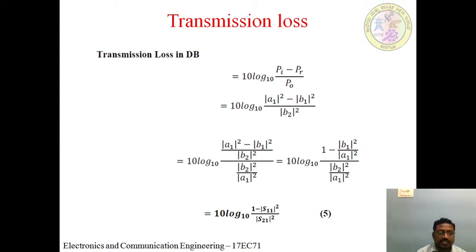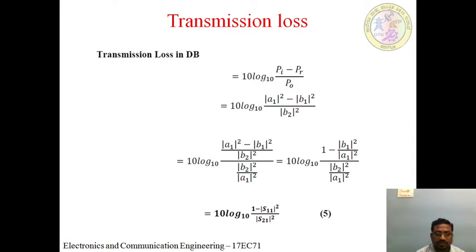So 10 log to the base 10, mod of A1 whole square minus mod of B1 whole square divided by mod of B2 square, divided by mod of A1 square, that is equal to 10 log to the base 10 1 minus mod of B1 whole square divided by mod of A1 whole square, divided by mod of B2 whole square divided by mod of A1 whole square.